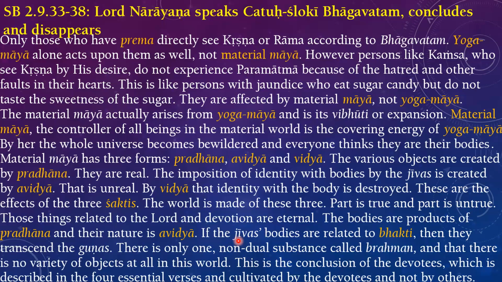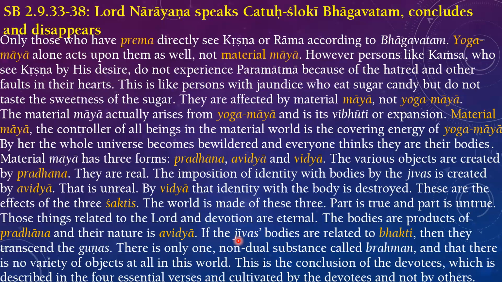Ekam eva advayam brahma na hy anyat astiti kinchana. Advaya Brahma. How do you translate Advaya Brahma? Non-dual. What is that non-dual? Person, object. Then how do you say non-dual person?